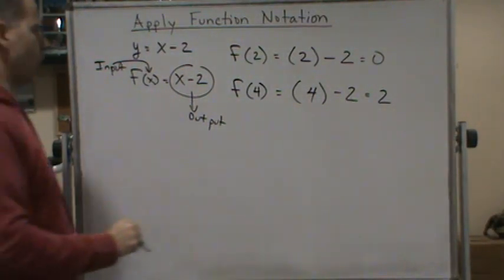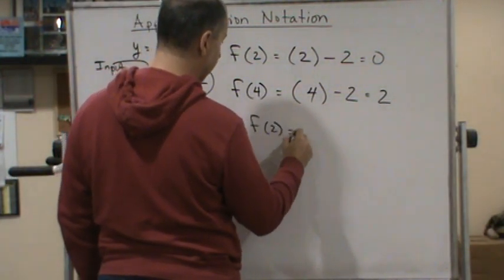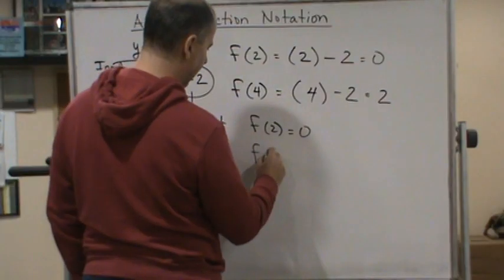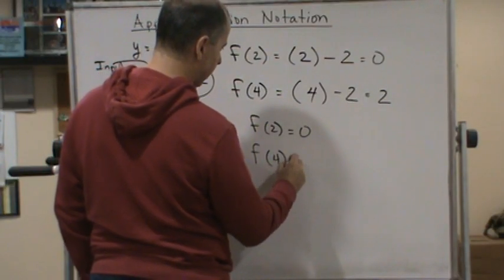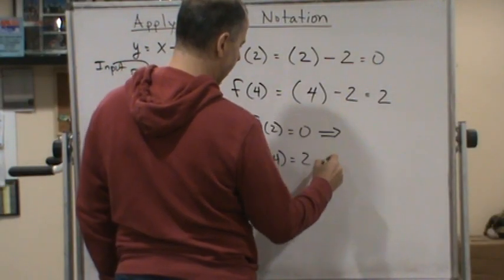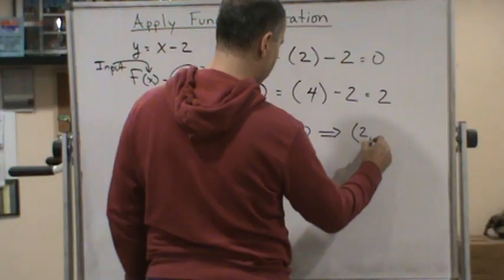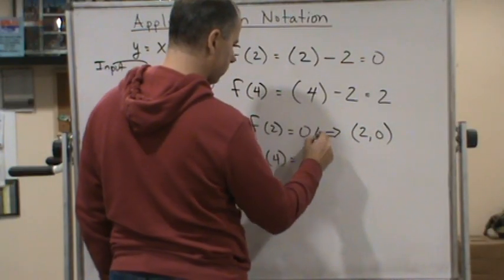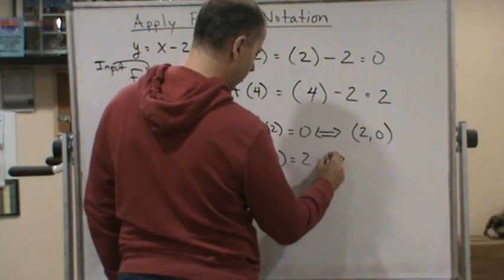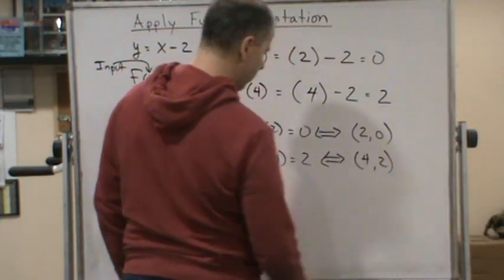Okay? And so when we say something like f of 2 equals 0, or f of 4 equals 2, we can also write this as the ordered pair (2, 0), or (4, 2).